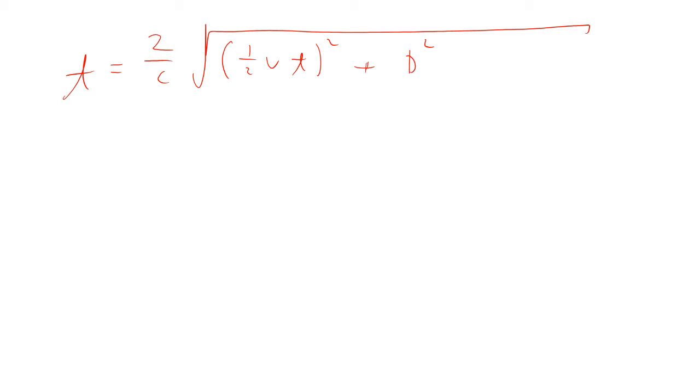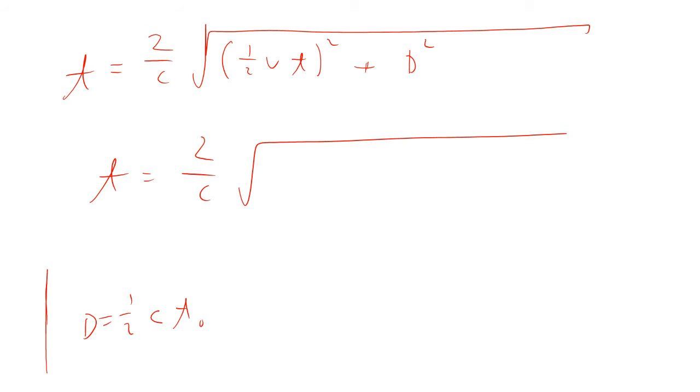Now, what is D? D is just that distance right there, so D is going to be 1/2 times C T naught. Let me put that in here too. So T is 2 over C times the square root of (1/2 VT) squared plus (1/2 C T naught) squared.